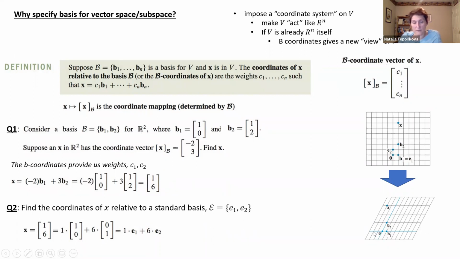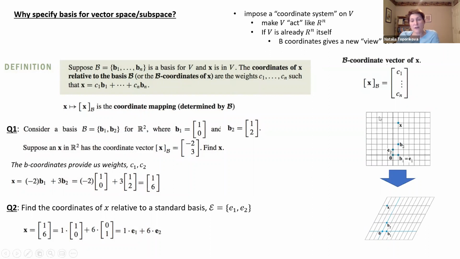Our second coordinate, 3, means that we need to make 3 steps in the direction of vector B2. And again, we define our vector x. It doesn't matter how we define vector x, it is still the same.